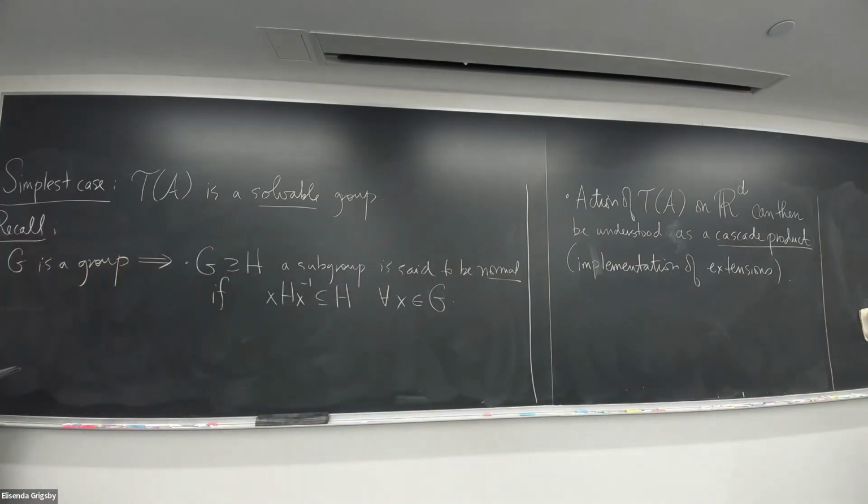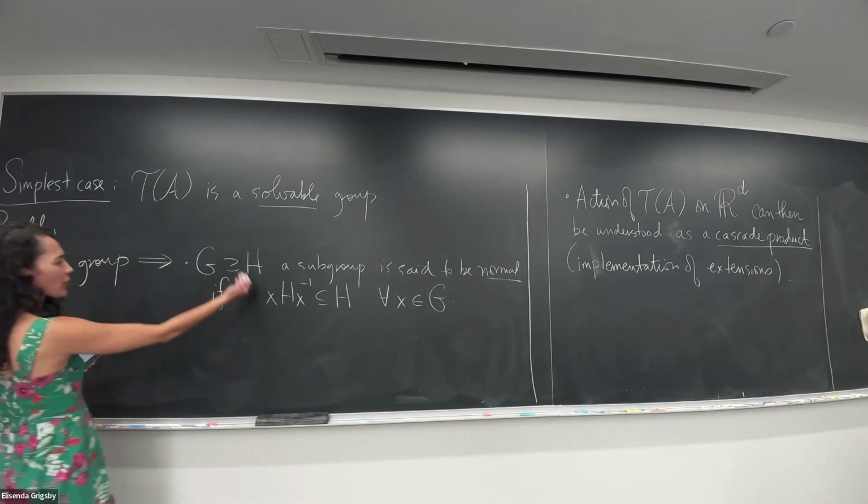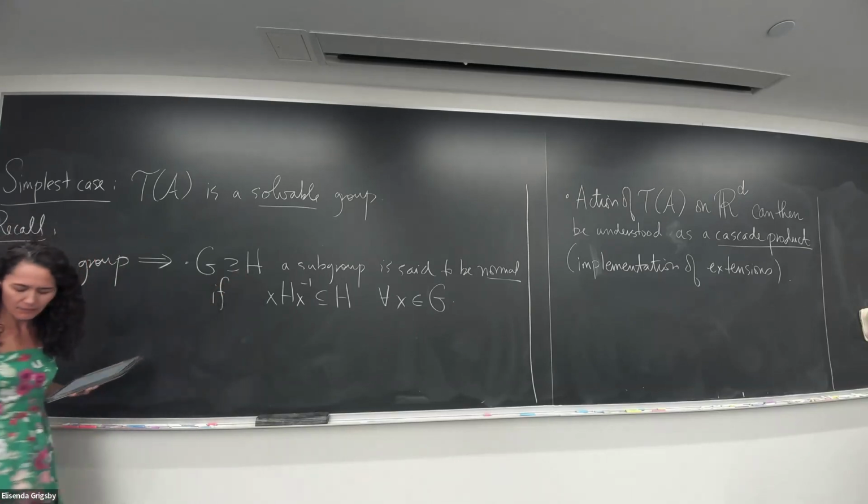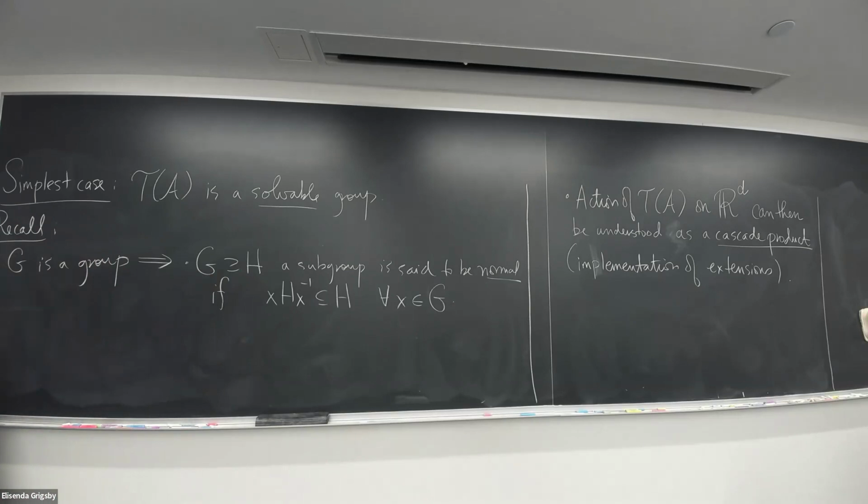So remember that this means that you can treat its set of cosets, its quotient set, as having the structure itself of a group. And remember the point is that normal subgroups are kernels of homomorphisms, or kernels of homomorphisms are normal subgroups.